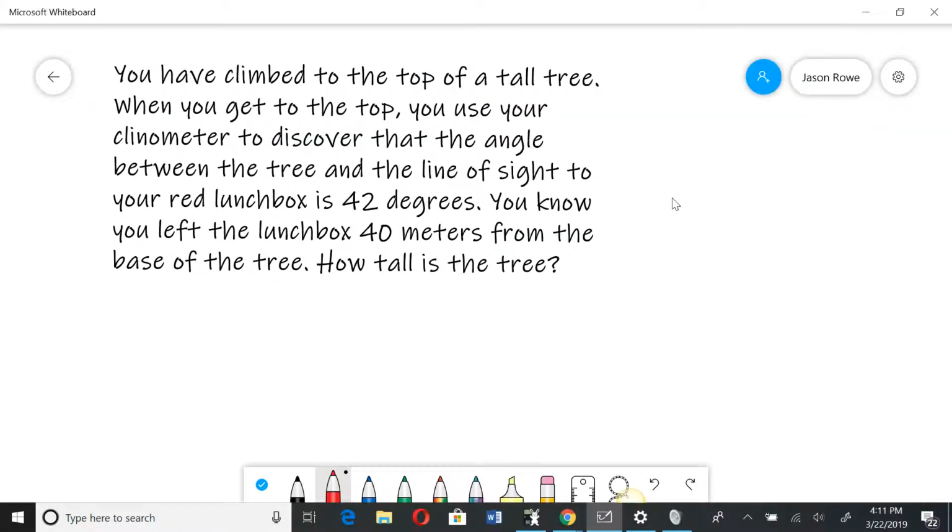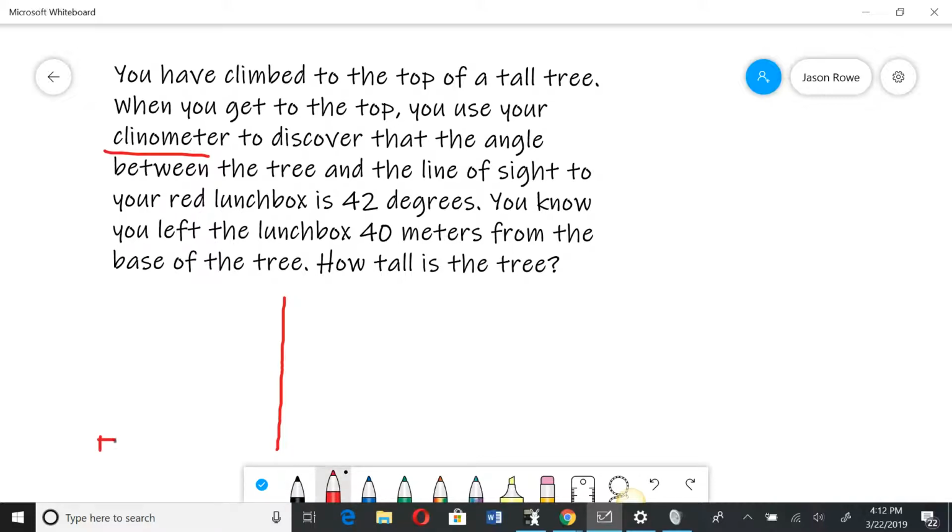Now let's take a look at this last one. It says you climb to the top of a tree. When you get to the top, you use your clinometer. A clinometer is a device that measures angles. To discover that the angle between the tree and your line of sight to your red lunchbox is 42 degrees. So here's that situation. You're on top of that tree.